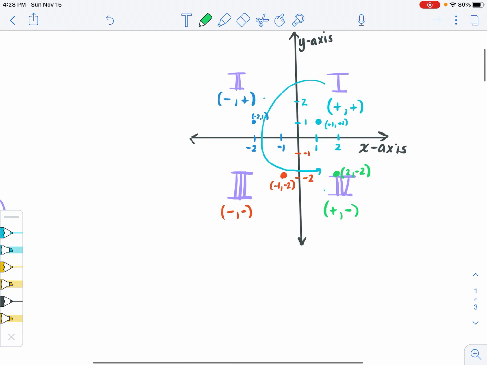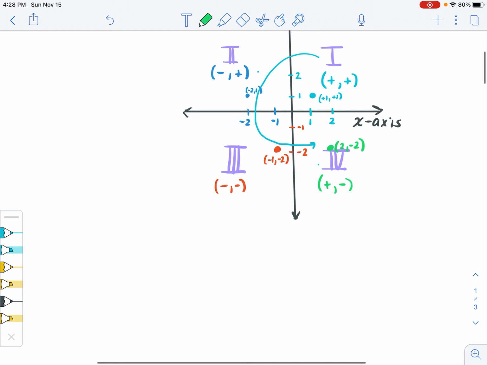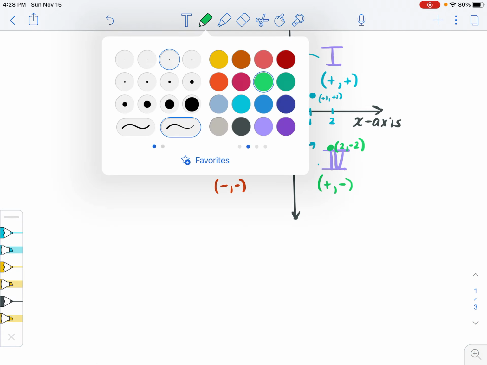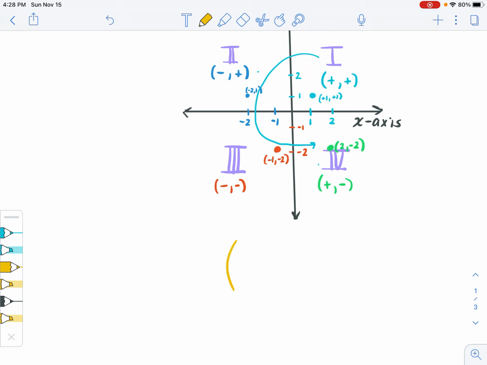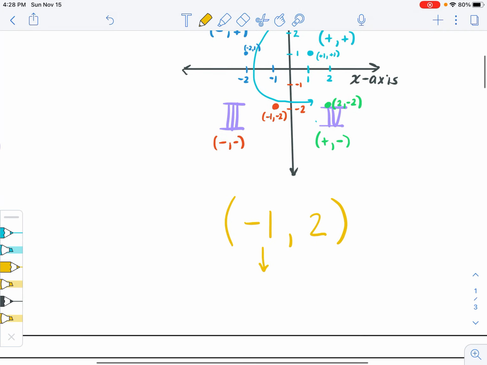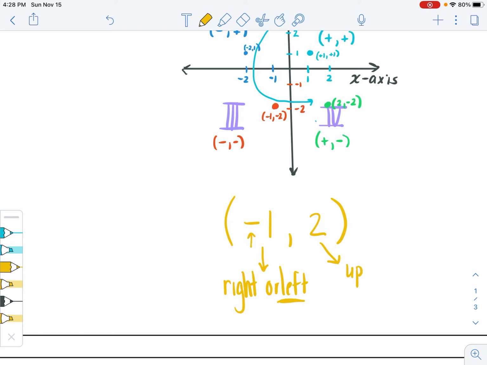Now let's talk about our x value and our y value. When we have a coordinate point, for example (-1, 2), our x value tells us to move right or left. In this case, it is left because our x value is negative, and our y value tells us to move up or down, whether it is positive or negative.